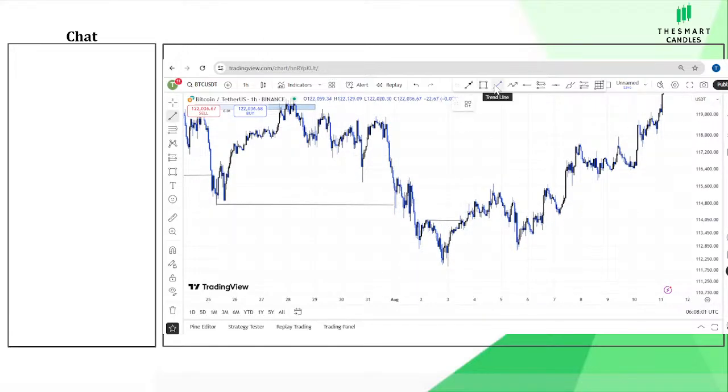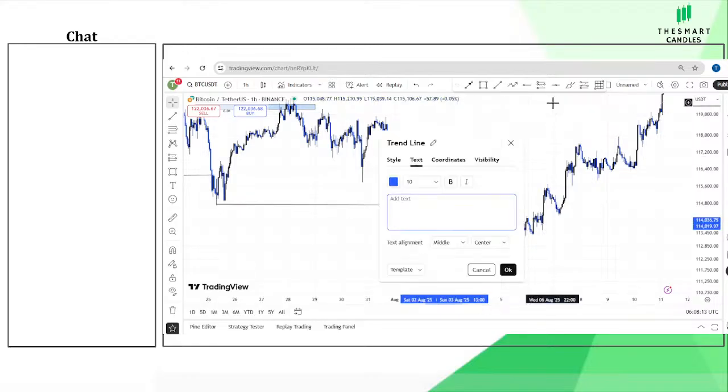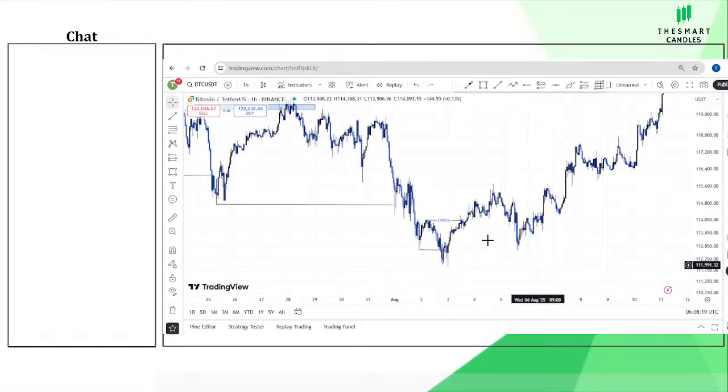Sorry, that was the last high, and this was the last low at this point here. This was the last low, and what happened? We had this change of character to the upside.